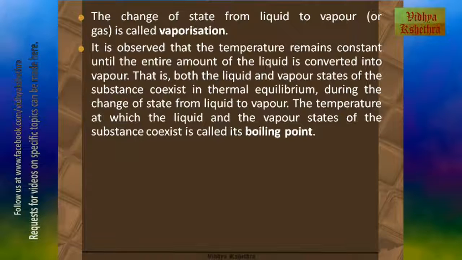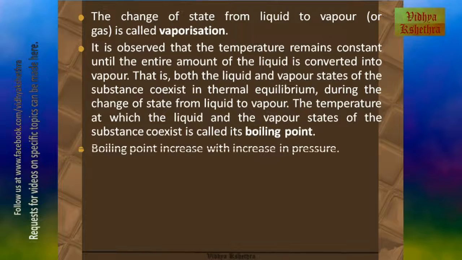That is, both the liquid and vapor states of the substance coexist in thermal equilibrium during the change of state from liquid to vapor. The temperature at which the liquid and the vapor states of the substance coexist is called its boiling point. Boiling point increases with increase in pressure.